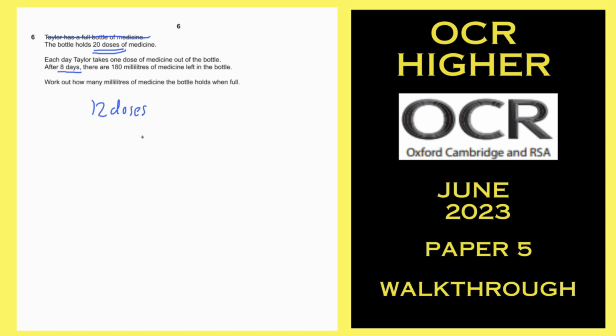Those 12 doses are worth 180 millilitres. You need to work out how much 1 dose has. So you can either cancel down both sides and do 6 to 90, or you could obviously divide 180 by 12. Whatever method you use, you should end up with 1 dose of the medicine being 15 millilitres.